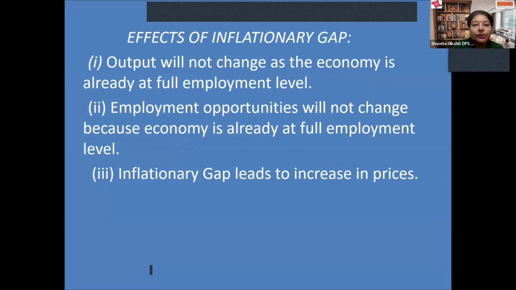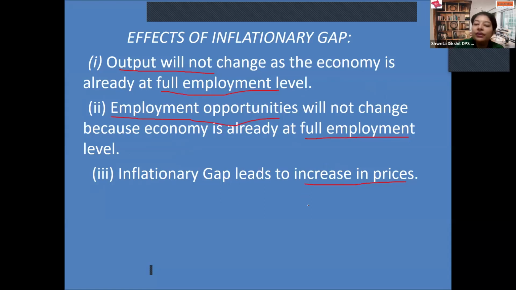Effects: I just told you that output will not change. Why will output not change? Because the economy is already at full employment level. Employment opportunity will also not be affected as the economy is already at full employment level. The only thing which will be affected is the prices, the general price level that will definitely rise. Why will it rise?